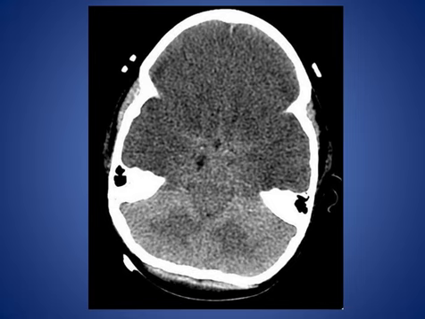Next case, a 3-year-old child with status epilepticus. After the status epilepticus, as we see here, there is a diffuse hypodense area involving the temporal and frontal regions associated with brain edema and effacement of the basal cisterns.